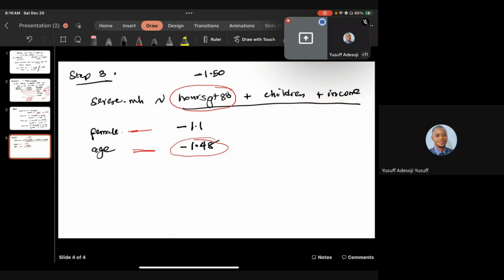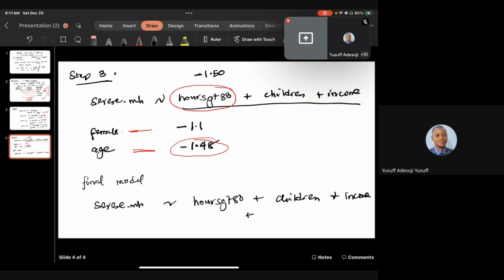So the model that you will then implement in your final model will become severe mental health, hours greater than 80, children, income, female. So this is one approach, a statistical approach of doing this.